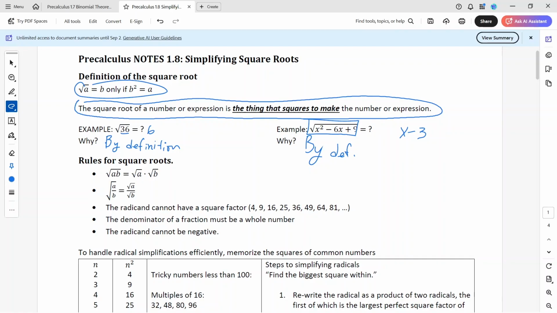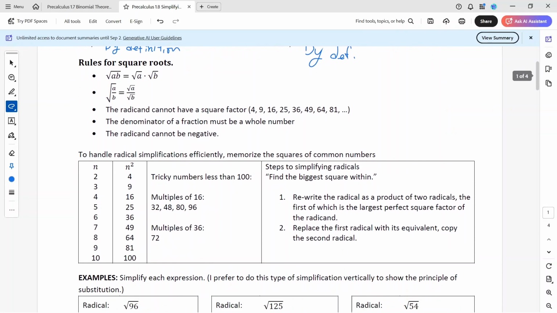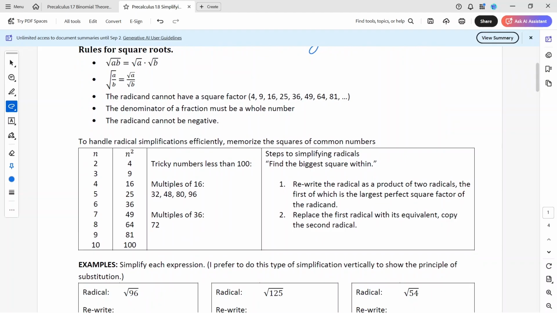So there are a couple of rules that you have to remember for square roots and simplifications. You can always break a multiplication inside of a square root into the multiplication of individual square roots. By the same token, you can take the square root of a division and break it into the division of the square roots.